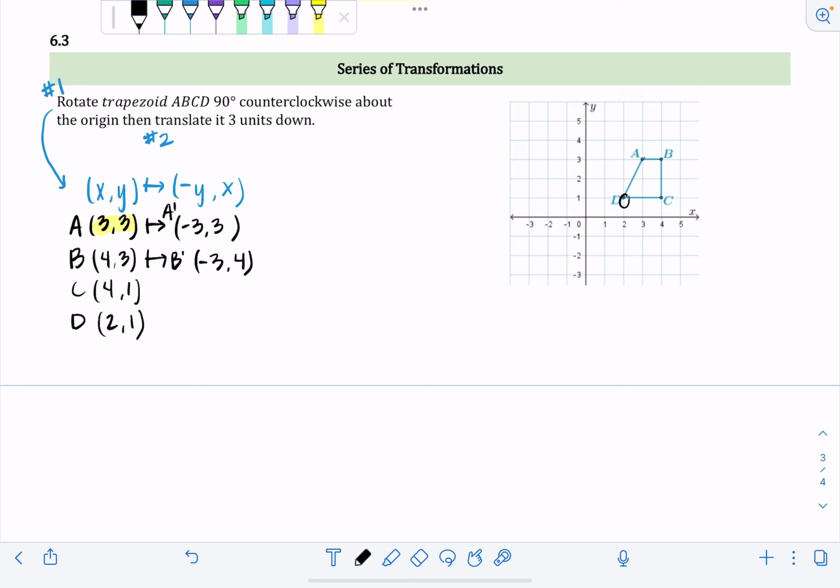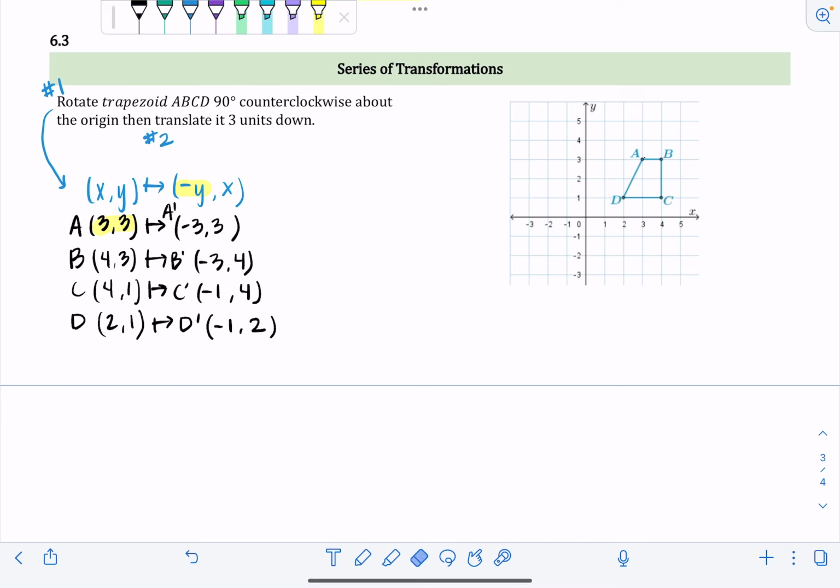The first coordinate becomes negative, so it's (negative 3, 4). For C maps to C', I switch the x and y, so it becomes 1, 4. The first coordinate is now negative also. And then for D', I switch the x and y, so it becomes 1, 2. The first coordinate becomes negative. So these are all my new points.